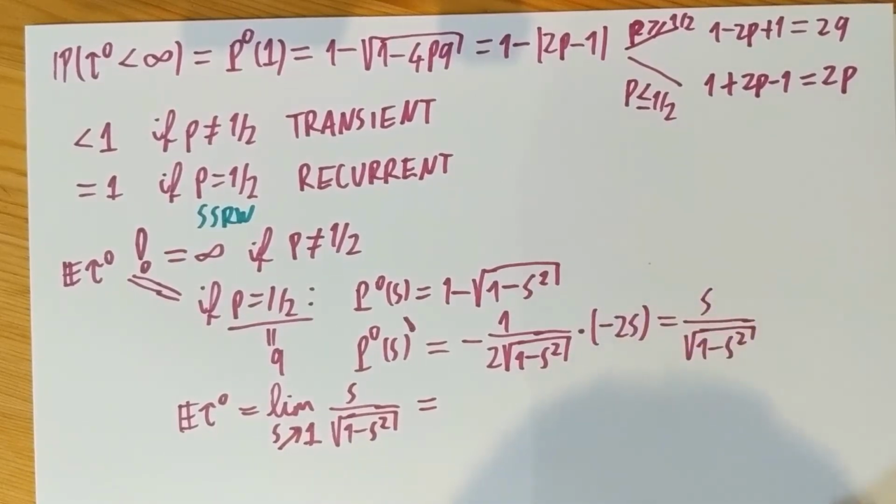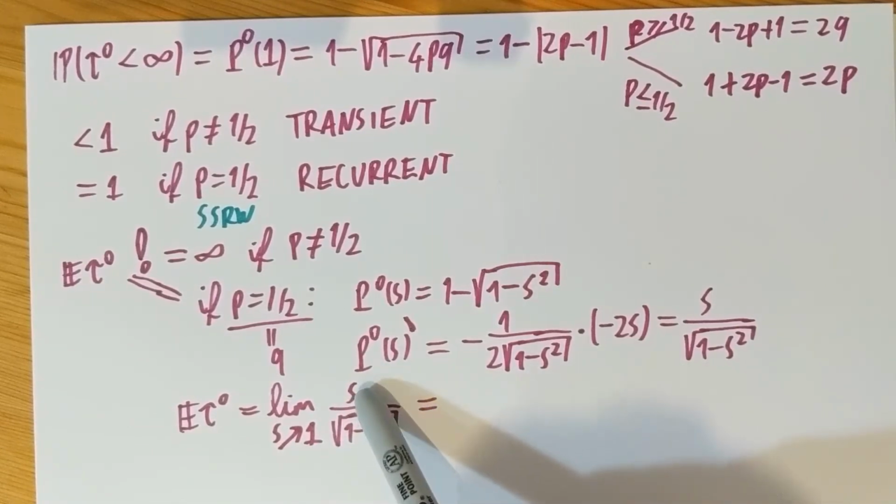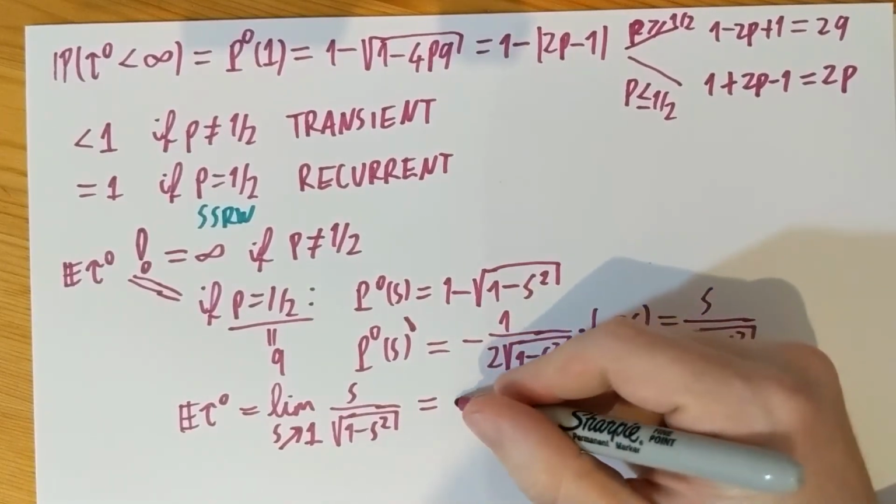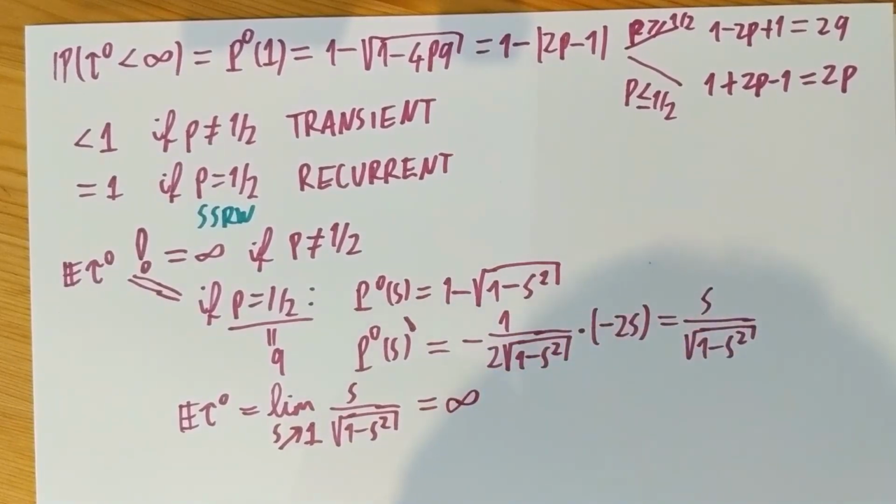So what happens in this limit is that when s is smaller than 1, then the square root is perfectly fine and is a positive number, but it goes to 0 from the positive direction. S is close to 1, so when you divide s, which is close to 1, by a small positive number, then it blows up. So the expected return time to the origin is infinite. Okay?